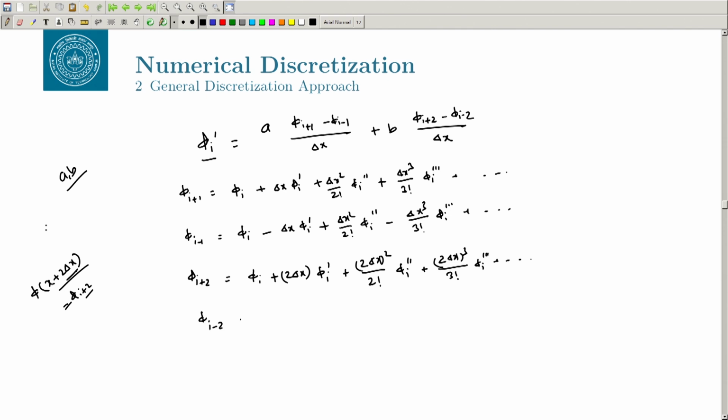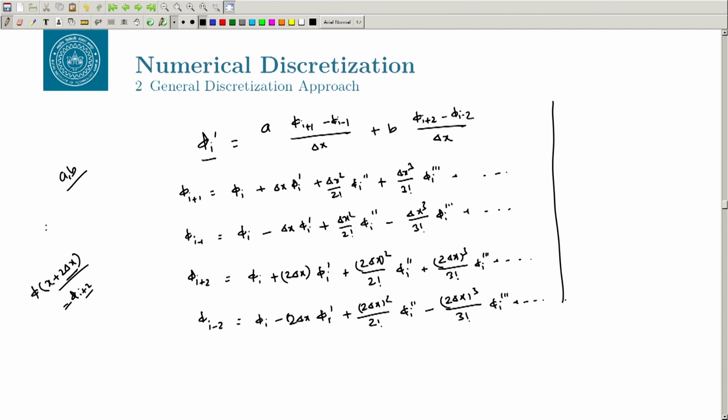And similarly, phi i minus 2 will be phi i minus 2 delta x phi i prime plus 2 delta x square by factorial 2 phi i double prime minus 2 delta x cube by factorial 3 phi i triple prime. Now we have to collect the coefficients.